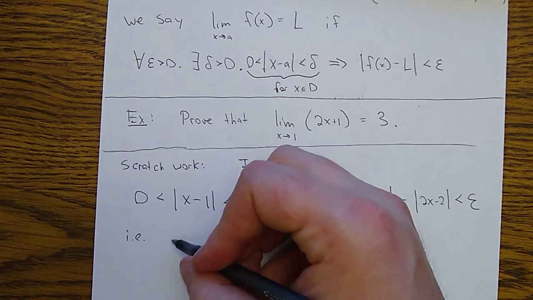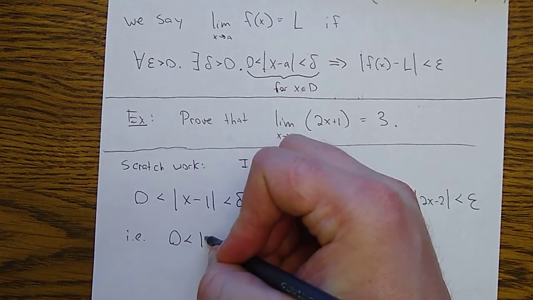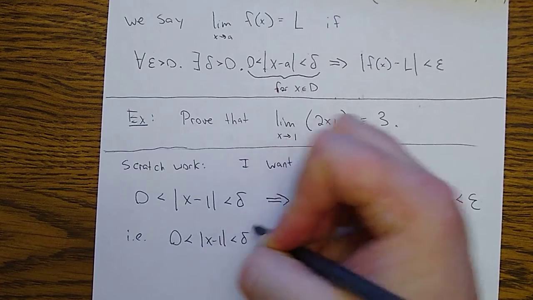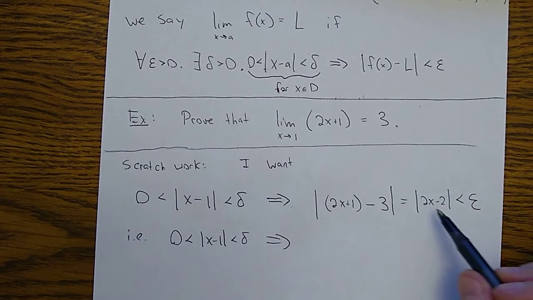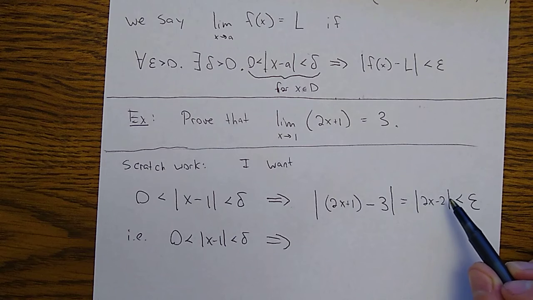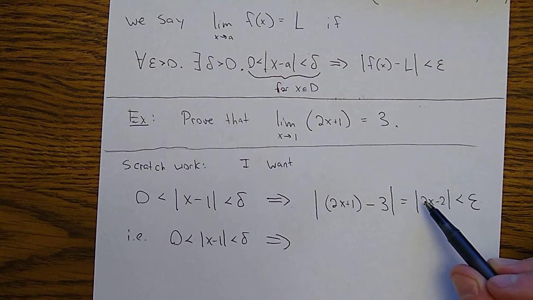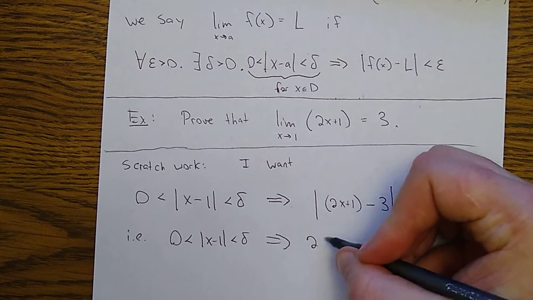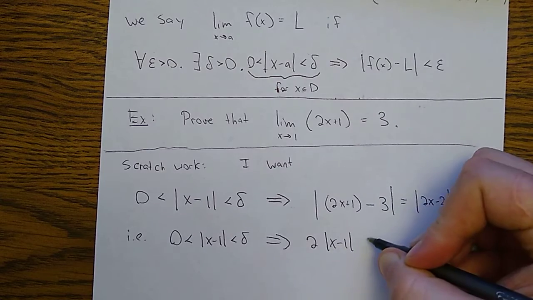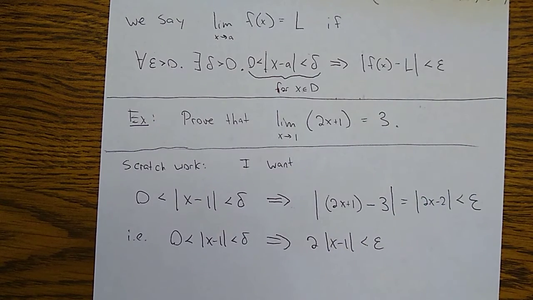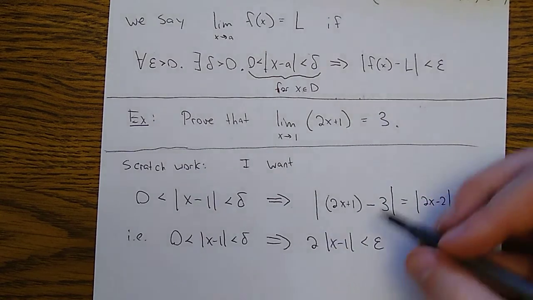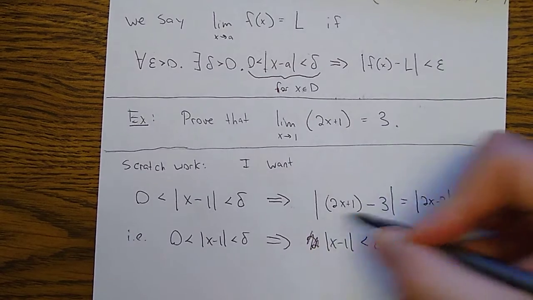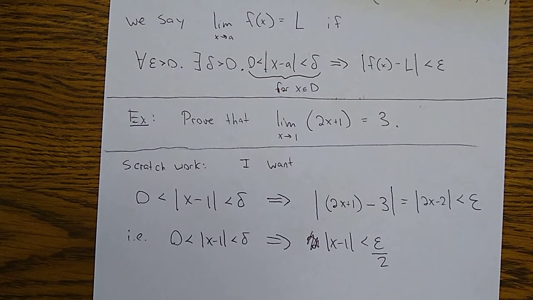In other words, what I want is, once again, this implies, and actually, I can pull a 2 out of this. In fact, maybe I should have divided by 2 instead and gotten this.